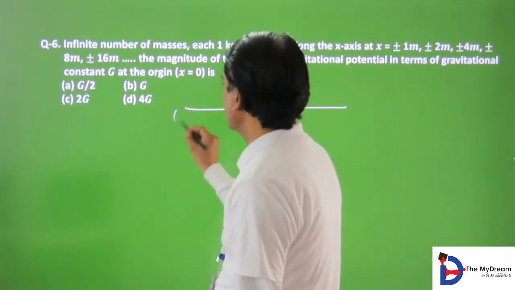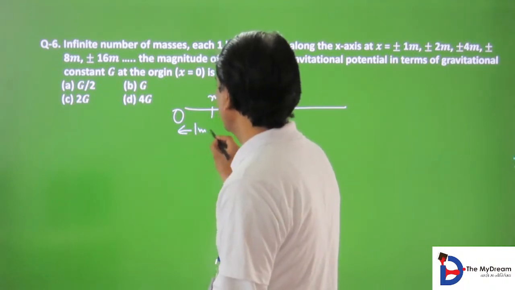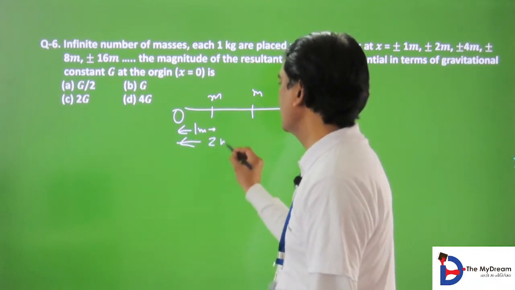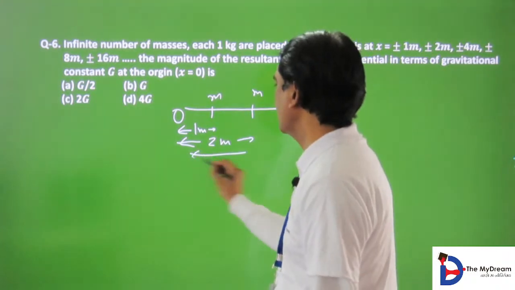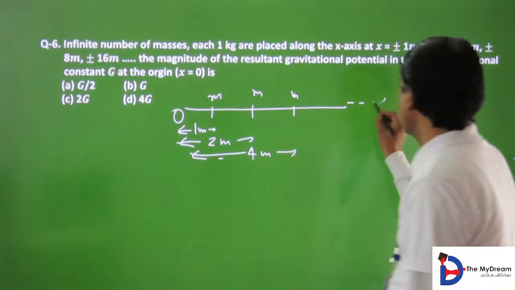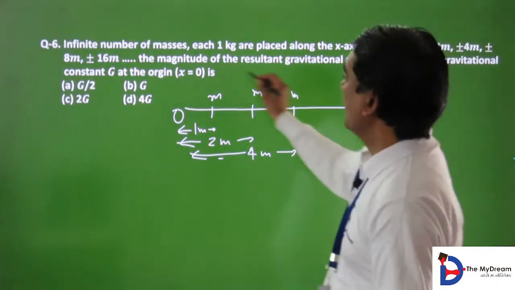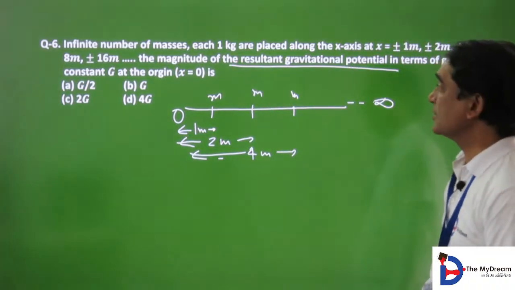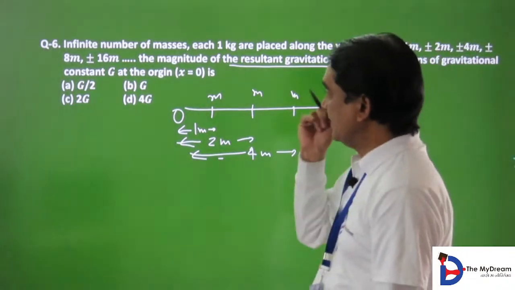So this is at 1 meter, second one is at 2 meter, third one is at 4 meter up to infinity. The magnitude of the resulting gravitational force. We want to discuss the gravitational force.